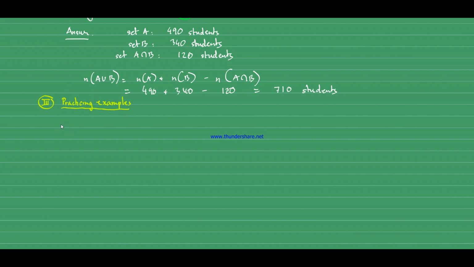Okay. Here is an example where we use all the concepts we have learned so far. Let's say the universal set U is a finite set: 1, 2, 3, 4, 5, 6, 7, 8, 9, 10.